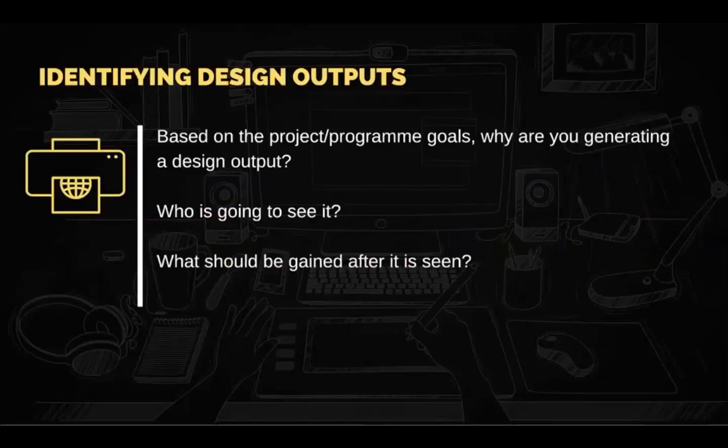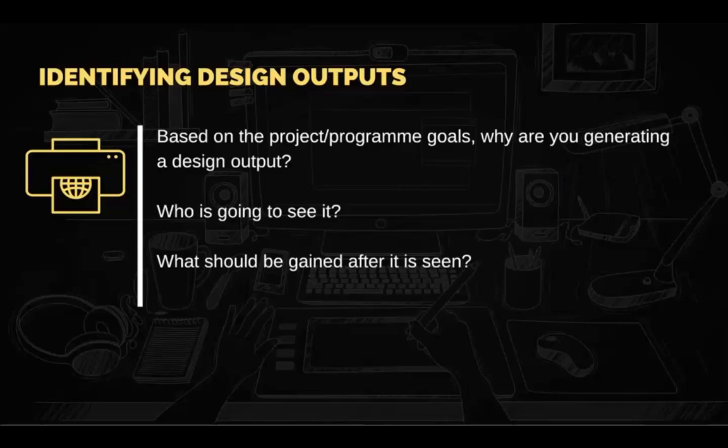So, identifying your design outputs. Oftentimes we generate a lot of design outputs that aren't necessarily beneficial to the overall project or program goals. So it's always important to identify what those goals are before you generate the design output.